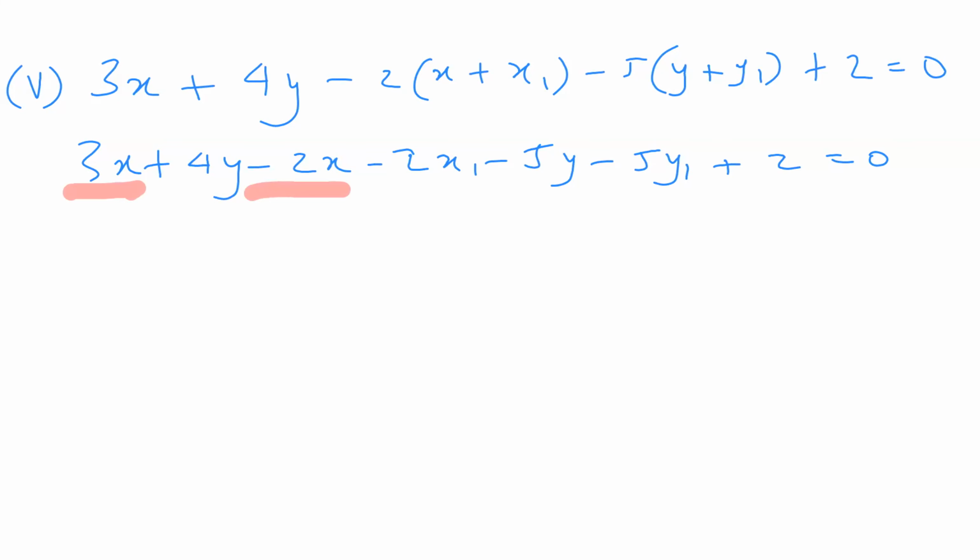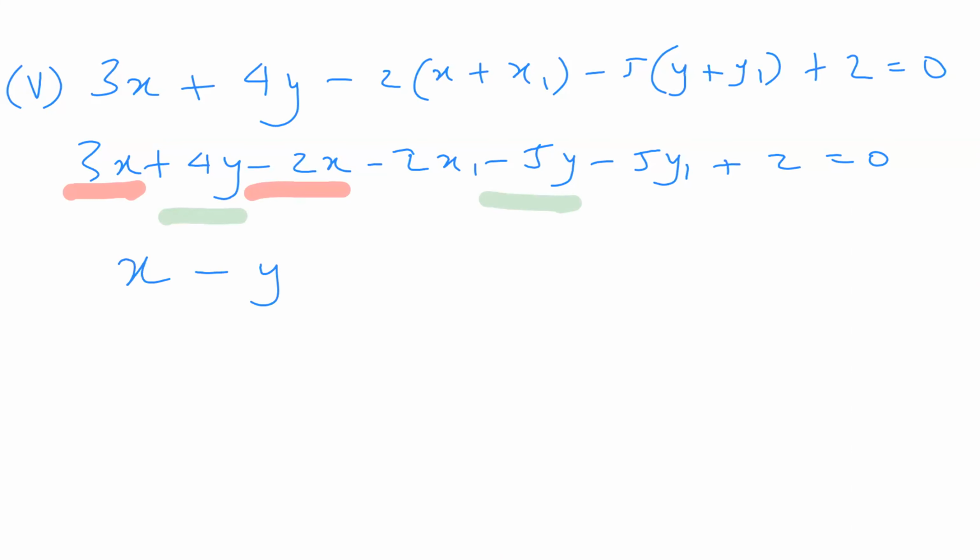So 3x minus 2x, that is x. Then plus 4y minus 5y, that is minus y. x1 and y1 have nothing to do with x and y. Those are separate coordinates, x1 y1.